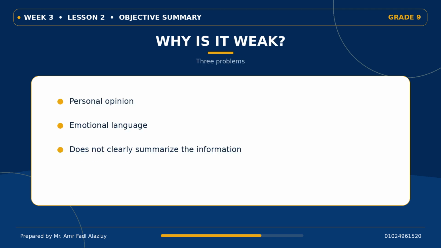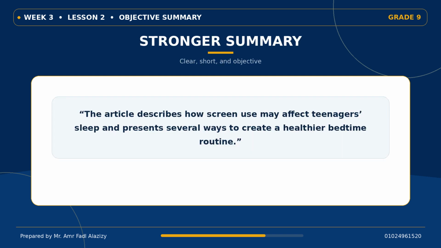It includes personal opinion, it uses emotional language, and it does not clearly summarize the main information. A stronger summary says, "The article describes how screen use may affect teenagers' sleep and presents several ways to create a healthier bedtime routine." The sentence is clear, short, and objective.